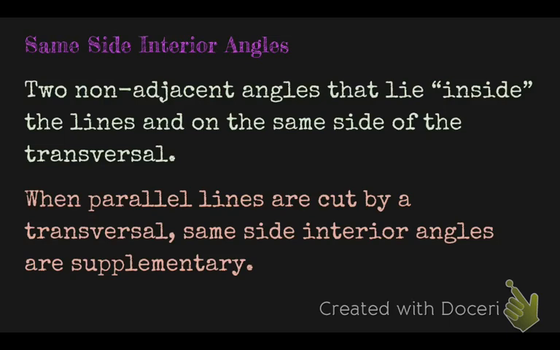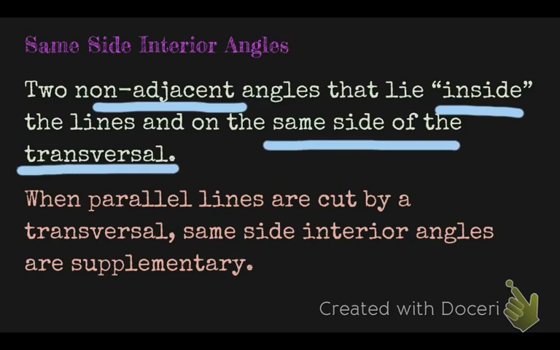Okay, so some quick important points and reminders. Non-adjacent angles are angles that are not next to one another. These angles are going to lie inside of the lines, and they're going to be on the same side of the transversal as one another. Now, about the properties of those kinds of angles.